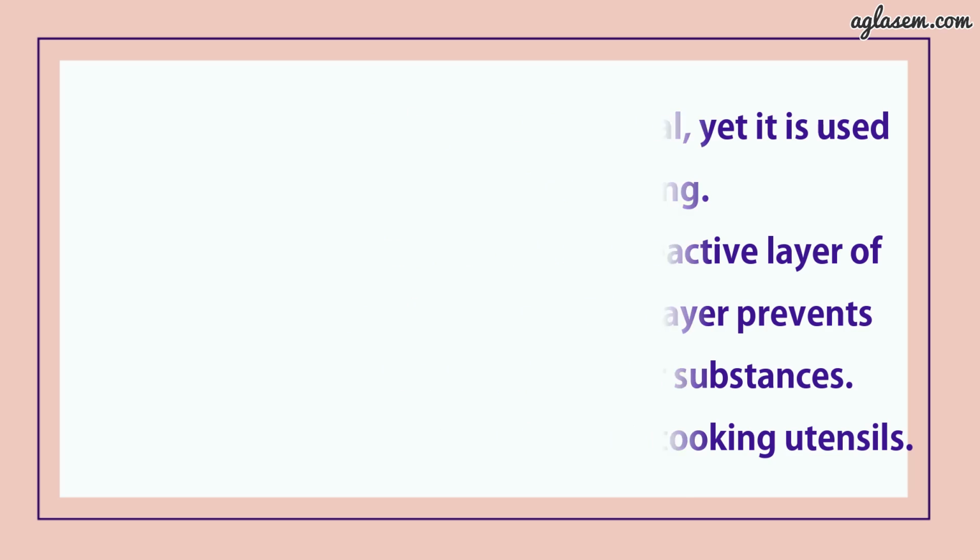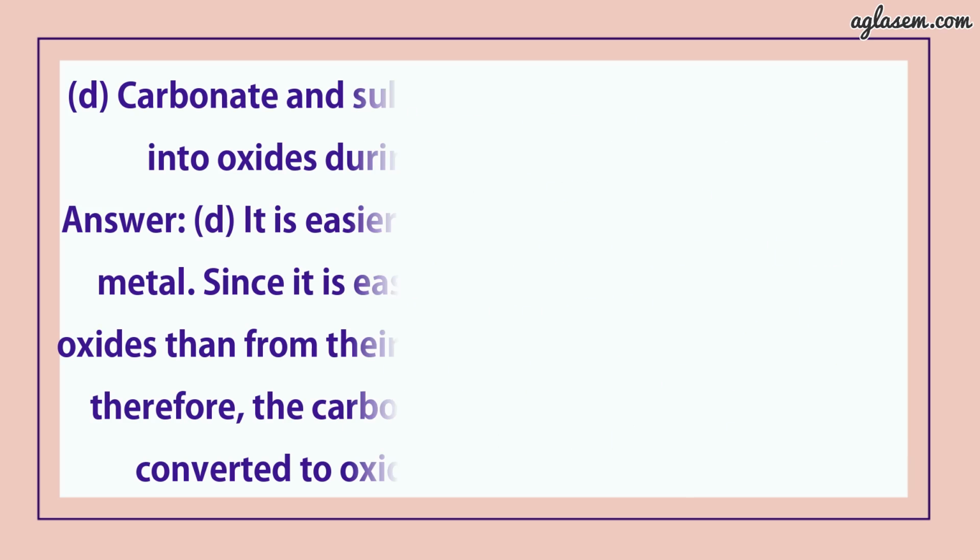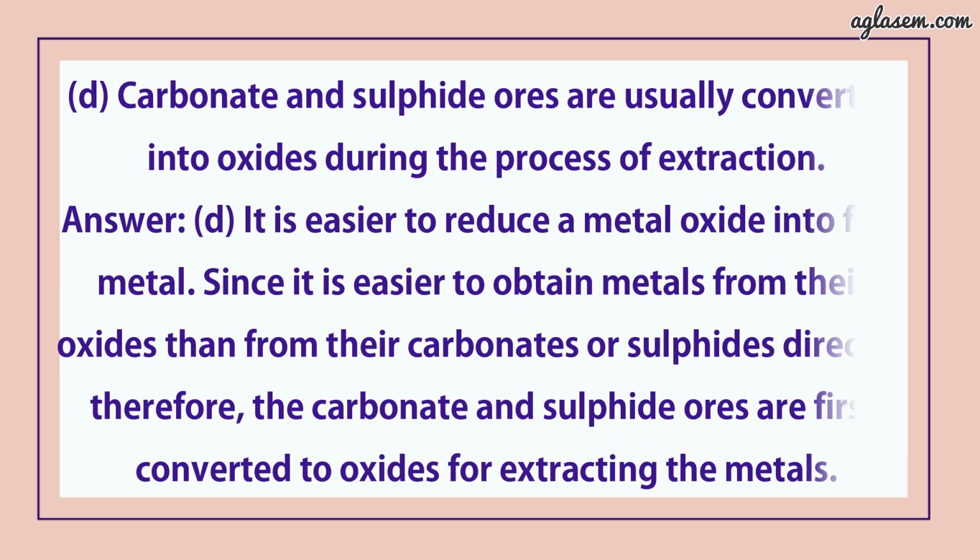Further, D part says, carbonate and sulfide ores are usually converted into oxides during the process of extraction. Answer is, it is easier to reduce metal oxide into free metal, since it is easier to obtain metals from their oxide than from their carbonates or sulfides directly. Therefore, the carbonate and sulfide ores are first converted into oxide for extracting the metals.